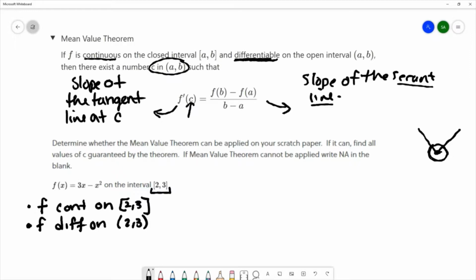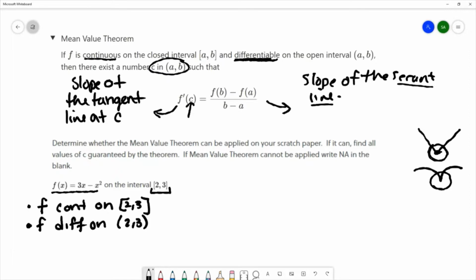You also have some radicals that create a cusp, and the function would not be differentiable at that cusp. So those are just some basic cases where a function might be continuous but not differentiable. But polynomial functions are continuous over all real numbers and differentiable over all real numbers. So we have met the two conditions of this theorem, f being continuous and differentiable.